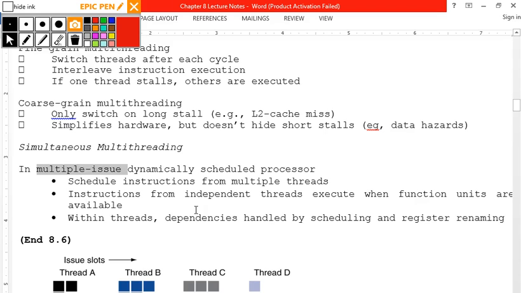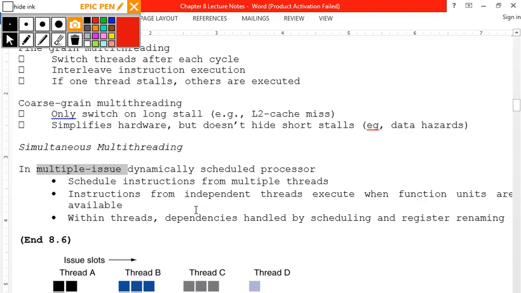In order to do loop unrolling, which is what you did, if you want to execute both loops simultaneously to speed up the process, you would rename the registers in the second one. So you'd use S0, S1, and S2 in this one, and then you would use S3, S4, and S5 in the other, and then combine them together to get the right result.